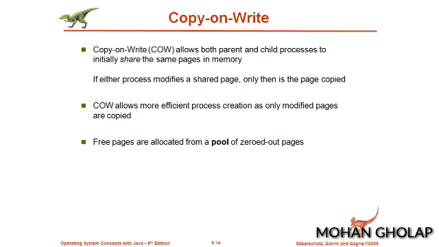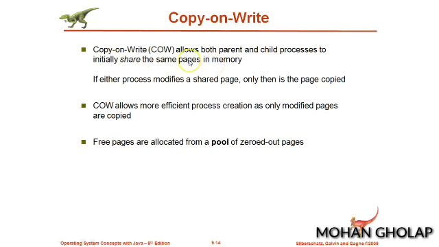In that case, whatever memory was copied from the parent's address space is a waste. So in order to avoid this difficulty, we have the concept of copy on write. So what exactly is copy on write? Copy on write allows both parent and child processes to initially share the same pages in memory.